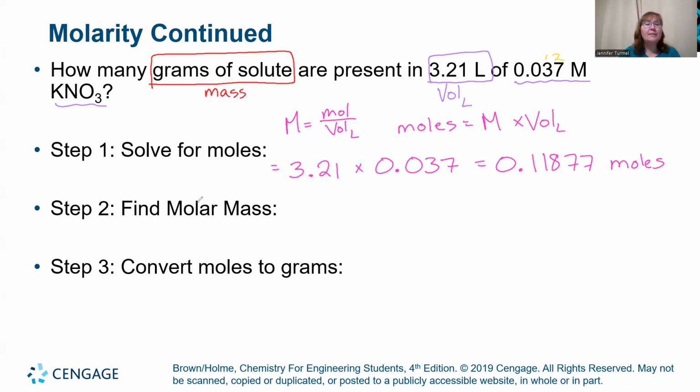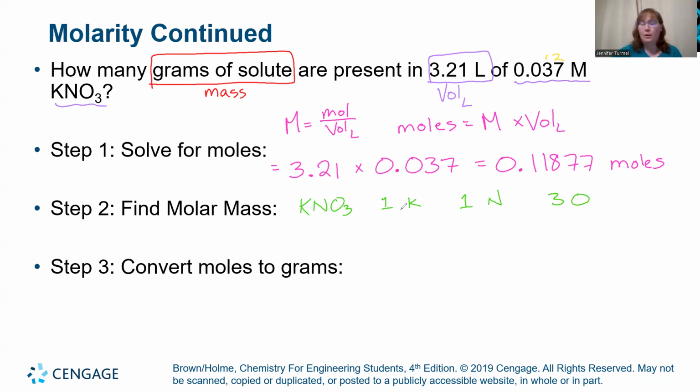Okay, so next is to find the molar mass of our KNO3. KNO3 here means that we have 1 potassium, 1 nitrogen, and 3 oxygens.